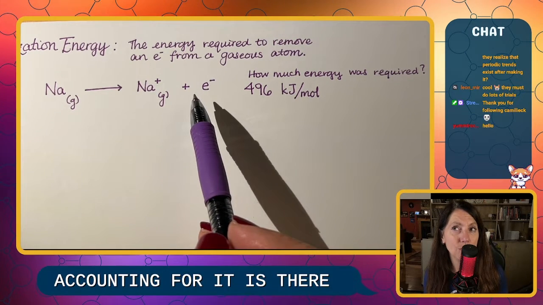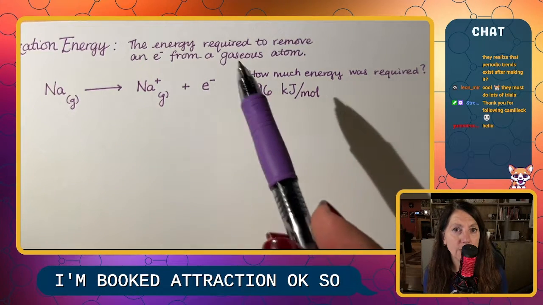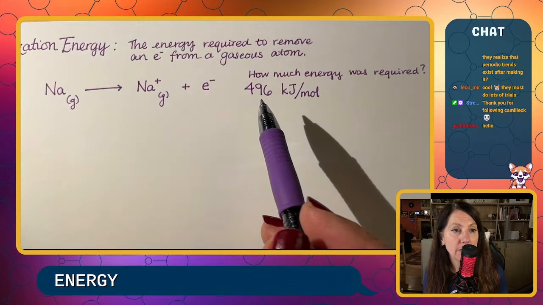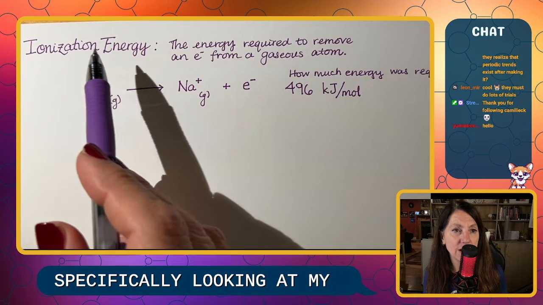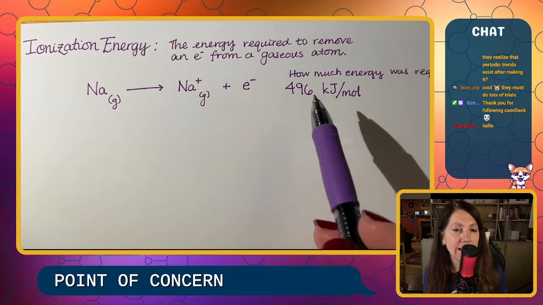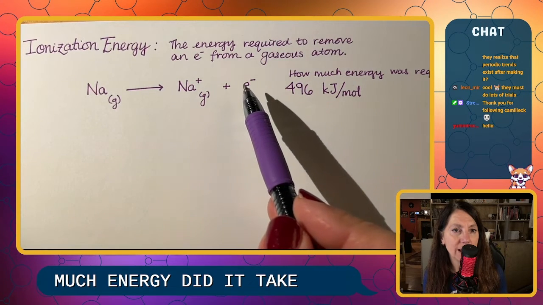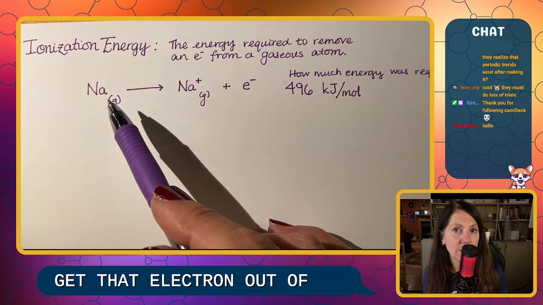Is there Coulombic attraction? So we could argue about what all the sources of energy are, but as chemists, and specifically looking at ionization energy, our main point of concern is how much energy it took to get that electron out of that sodium atom.